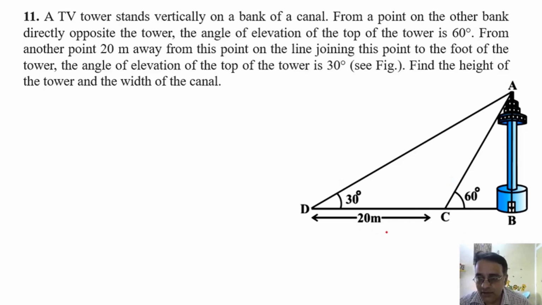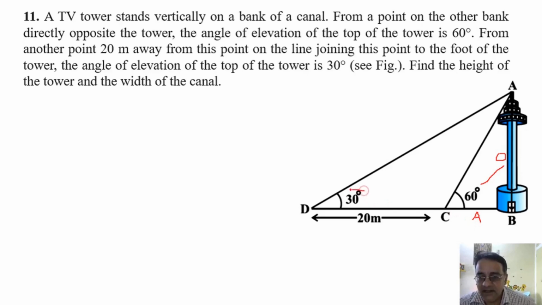Here also we will compare AB and BC. For 60 degree, AB will be opposite, and BC will be adjacent. So which trigonometric ratio belongs to these two? Tan theta, right.